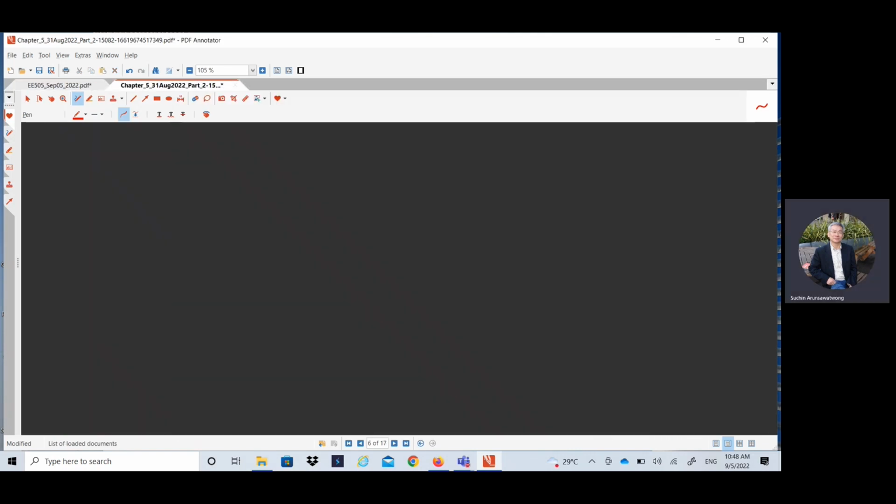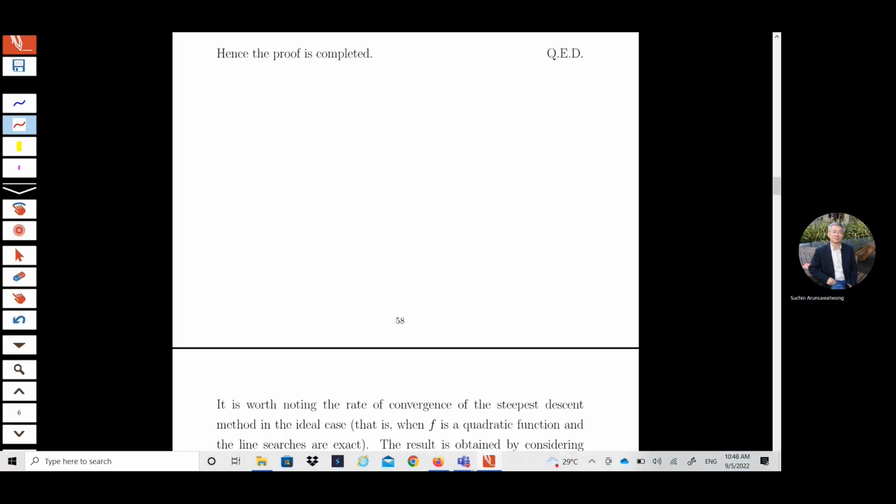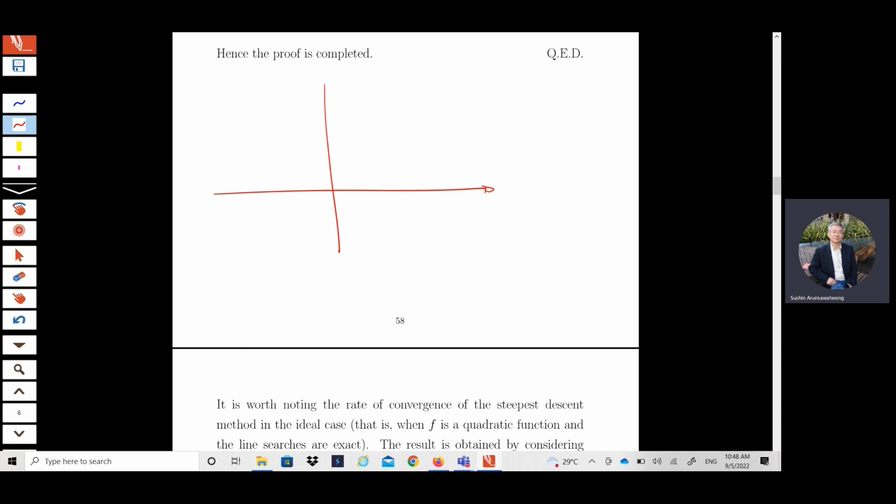For a function f with two variables, when we draw the level set, what we will have is this. This is the minimum x star, where we have the minimum value of f(x).